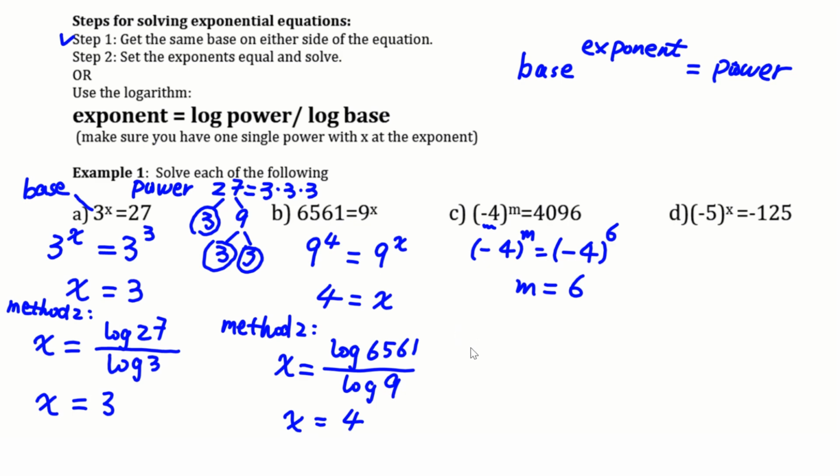But when you use a log, be careful. You need to use a positive base only, because for exponential functions, we have learned that the base needs to be positive. So we are going to try the log with the positive base only, and check after we have the answers.